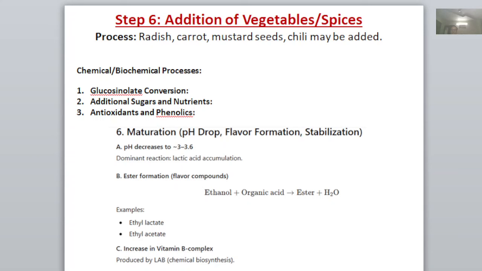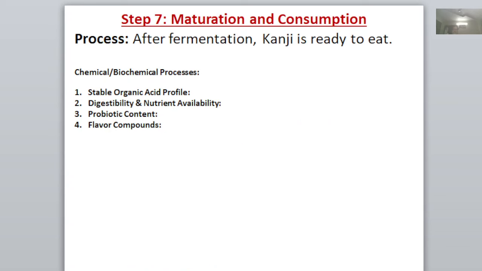So ester is going to be produced, normally ethyl lactate or ethyl acetate, and due to these esters you're going to get some specific flavor, and after that this process continues and you get the maturation. Finally the reaction matures and you get a stable organic acid profile, which is digestive and quite nutritious, and also probiotic in nature.